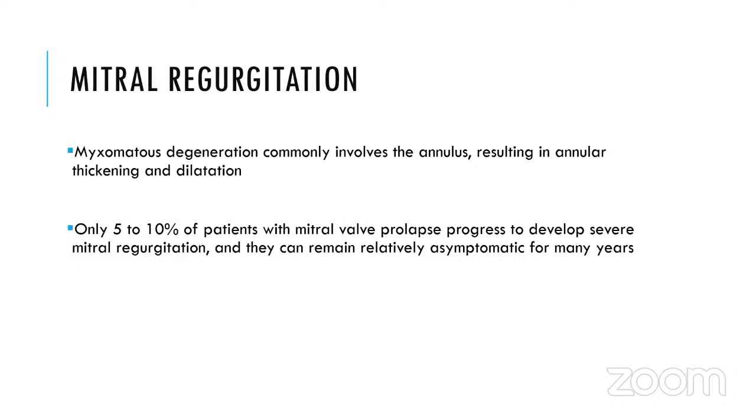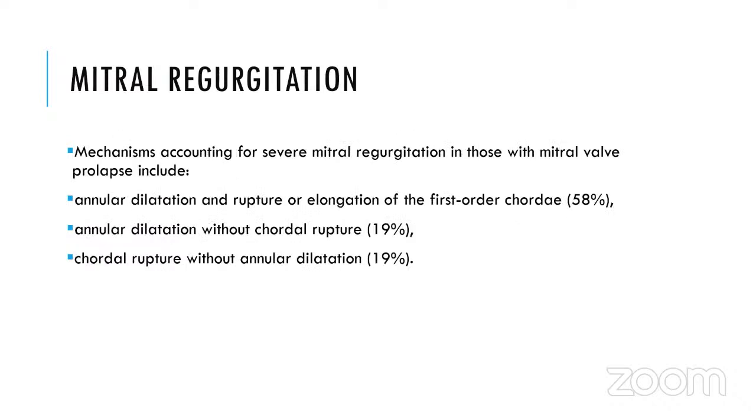Only about 5 to 10% of patients with mitral valve prolapse progress to develop severe mitral regurgitation, and they can remain relatively asymptomatic for many years. The mechanisms accounting for severe mitral regurgitation include annular dilatation and rupture or elongation of the first order chordae, annular dilatation without chordal rupture, chordal rupture without annular dilatation.